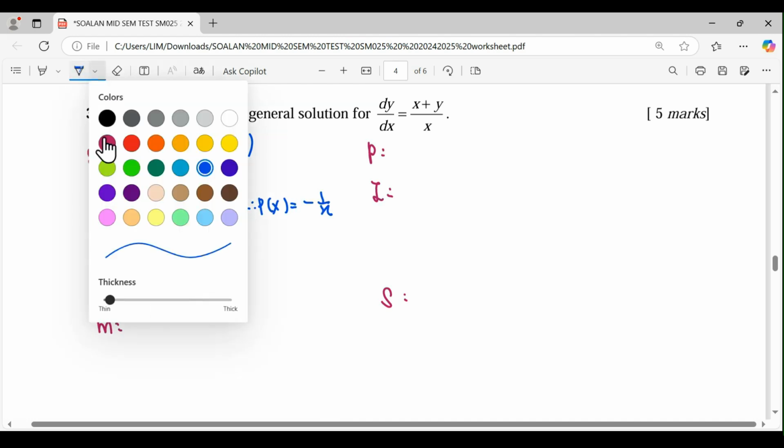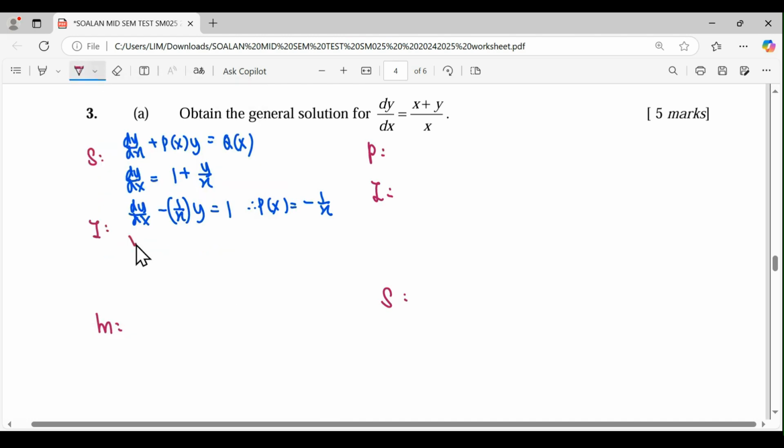In our integrating factor formula, v(x) is equal to e to the power of the integral of P(x) dx. So to apply that, it will be e to the power of the integral of negative 1 over x dx. Negative we take out. When we integrate 1 over x, you get ln x.